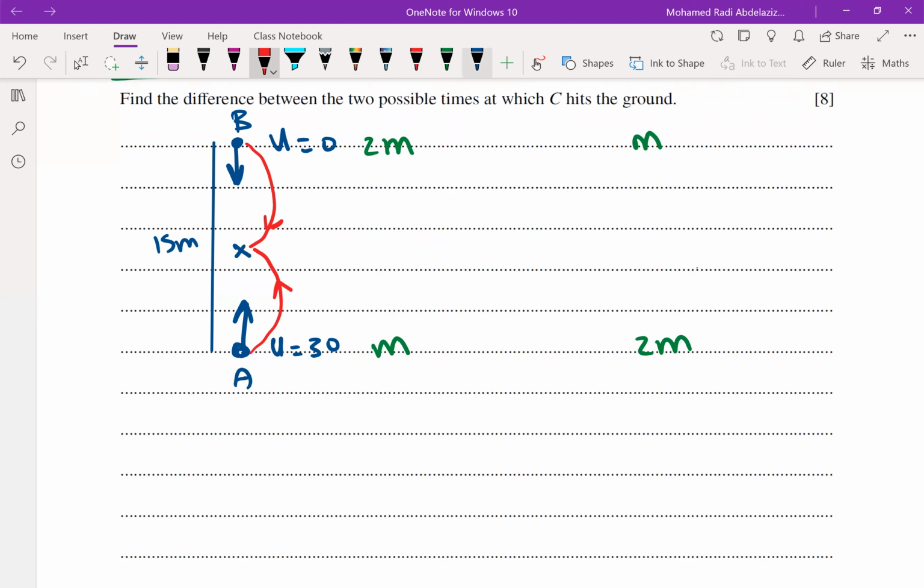You can find the time, the displacement and the velocities of each. This is the first step. So they meet at this point, try to find the time. The displacement covered by particle A and by particle B is equal to the distance in between, which is 15.